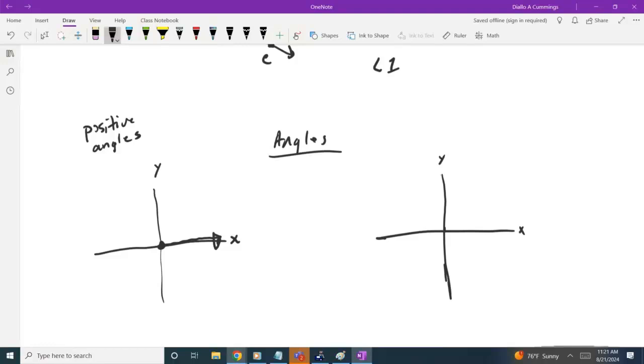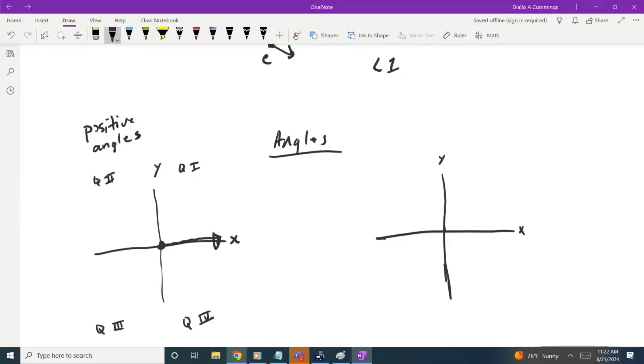For positive angles, the terminal side is rotated counterclockwise. So this is like the first quadrant, the second quadrant, the third quadrant, the fourth quadrant, right? Q1, Q2, Q3, and Q4.